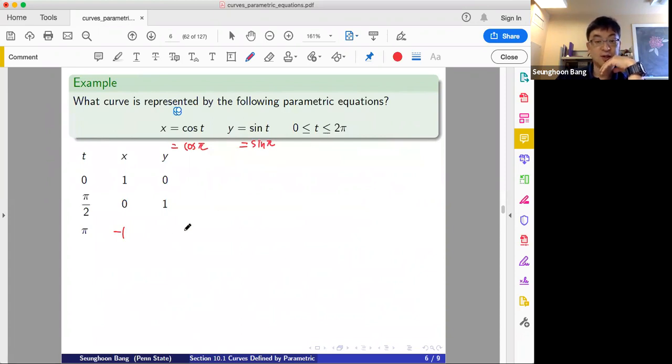Yeah, the answer is 0. Like this. Next, 3 pi over 2. What is cosine of 3 pi over 2? Could you write your answer on the chat board? Yeah, the answer is 0. What is sine of 3 pi over 2?